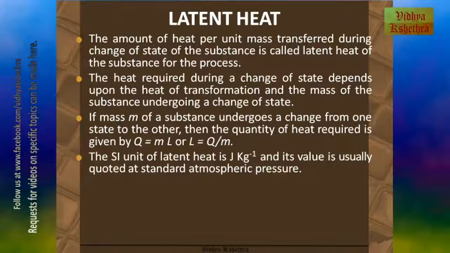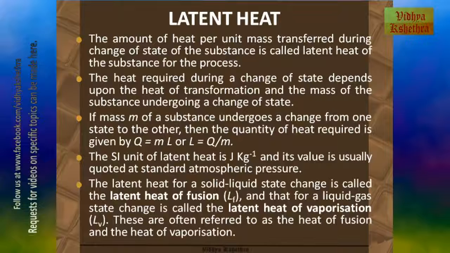The SI unit of latent heat is joules per kilogram, and its value is usually quoted at standard atmospheric pressure. The latent heat for a solid-liquid state change is called the latent heat of fusion, and that for a liquid-gas state change is called the latent heat of vaporization. These are often referred to as the heat of fusion and the heat of vaporization.